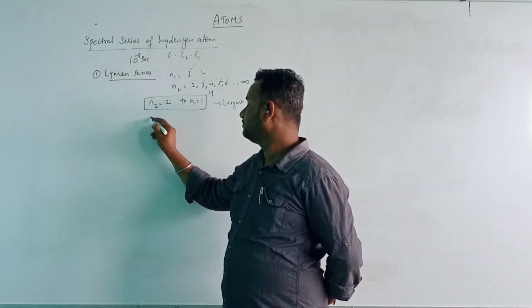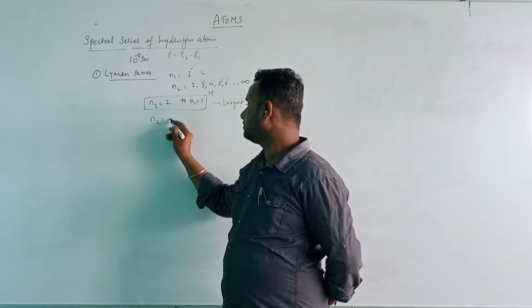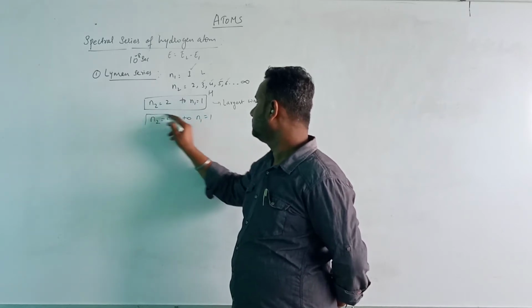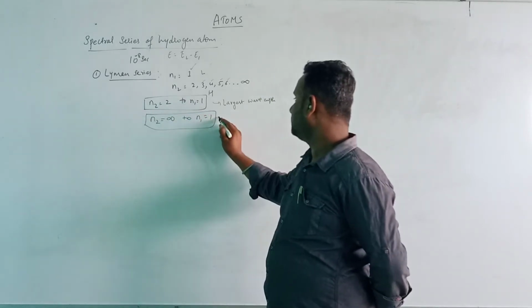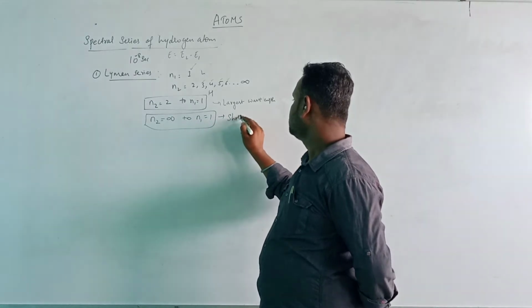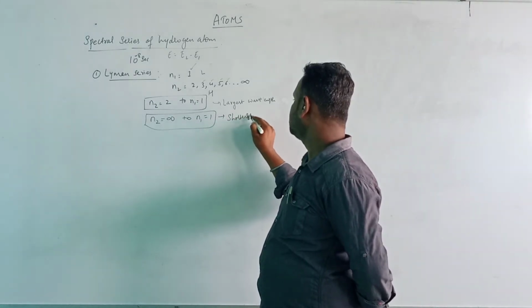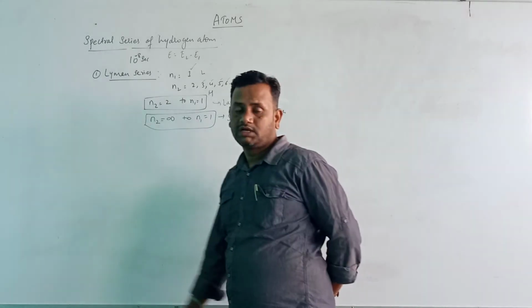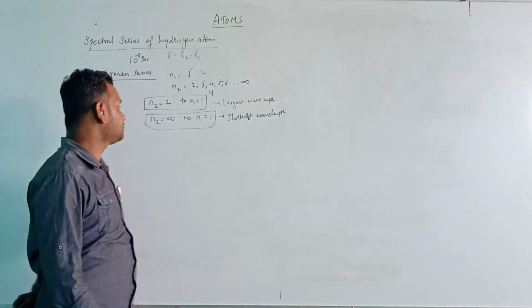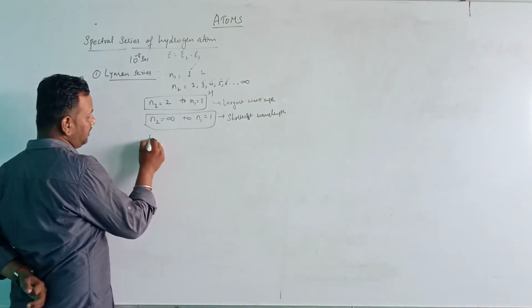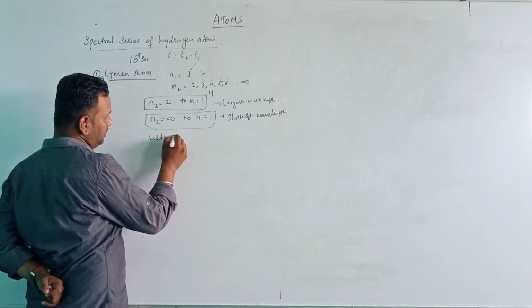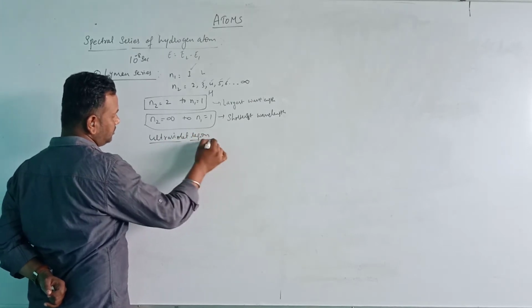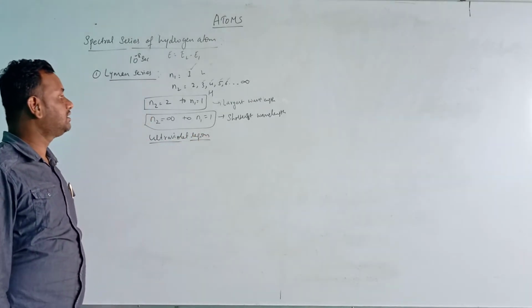Now, if the transition takes place from infinity to N1 is equal to 1, then this has the shortest wavelength. And this Lyman series we can see in the ultraviolet region.